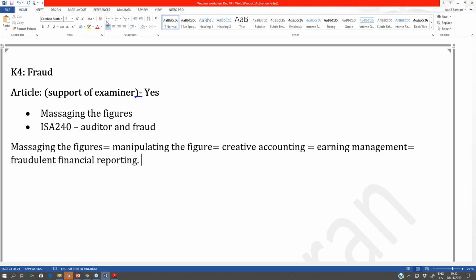See, I put all the synonyms for you. Massaging the figures is equal to manipulating the figures. Is that true? Creative accounting, earnings management, and fraudulent financial reporting. So is everyone clear with these terms I used? These are all synonyms of one another.